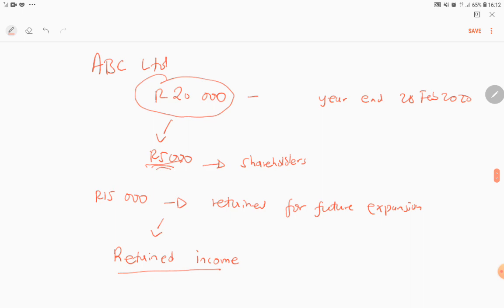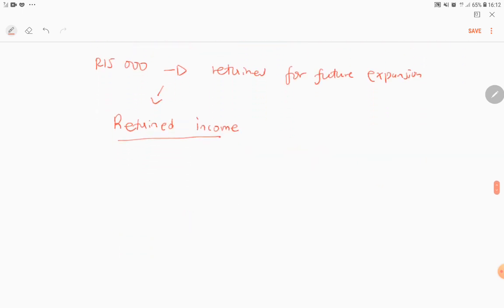And usually what they distribute is called dividends. Usually the dividends are paid to shareholders twice a year. The first time they are paid, they are called interim dividends.